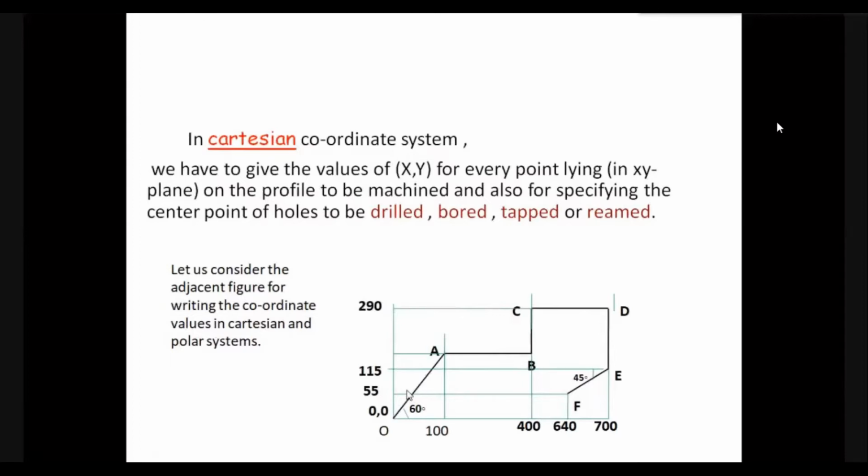If we go for incremental coordinate system, and if at all you commit an error, a mistake, suppose let us say that the coordinate values of point B are wrong. What happens in incremental coordinate system? In that case, C also will go wrong.